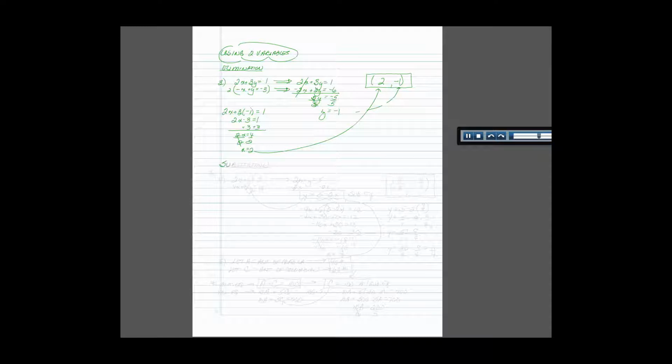Let's look at the other way, substitution, and this is typically the way that we use when we're doing mixture problems with two variables. So, example 4, the steps are to solve one of the equations for either variable, and then you have a substitution equation. You substitute that back into the remaining equation and solve.